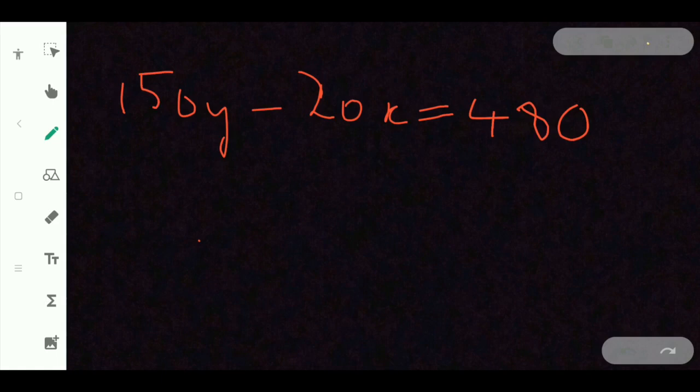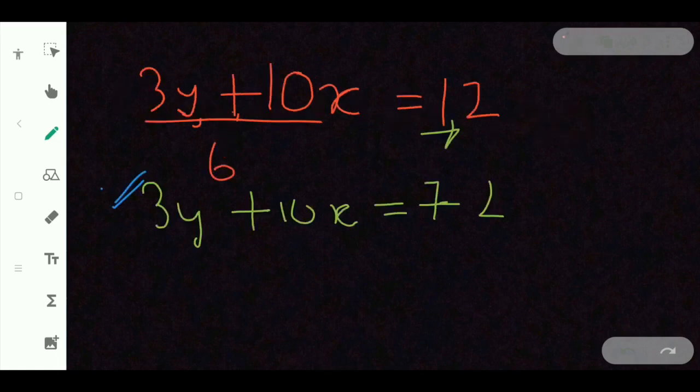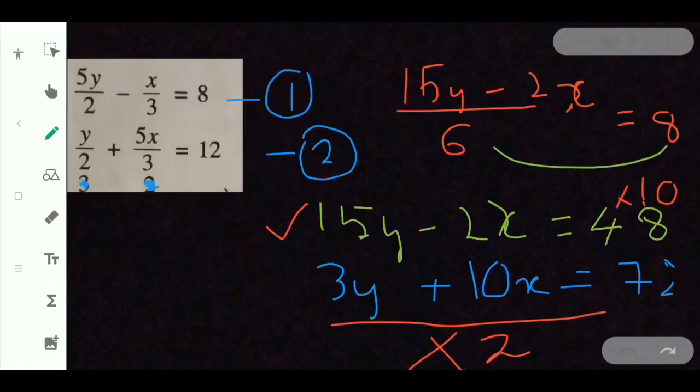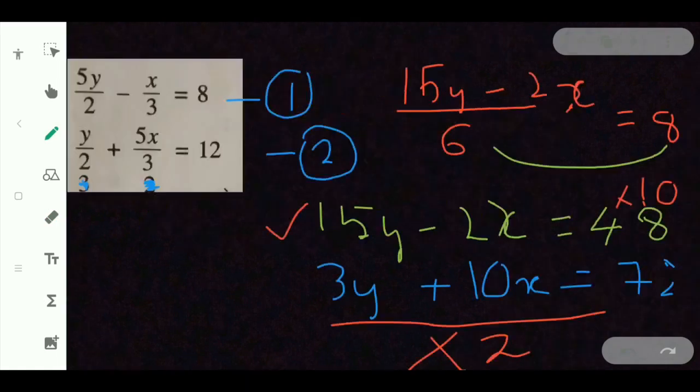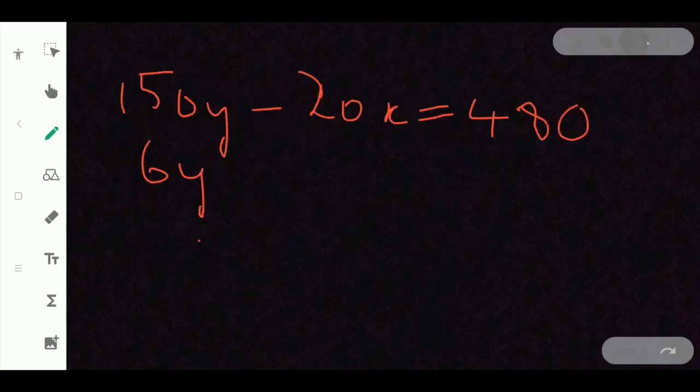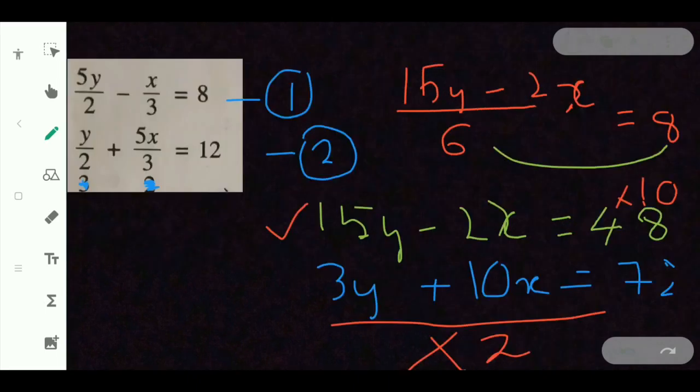And the second equation will be 3y into 2, nothing but 6y, plus 10x. 10 into 2 is equal to 20x, is equal to 72.